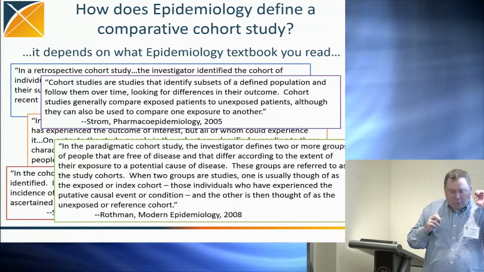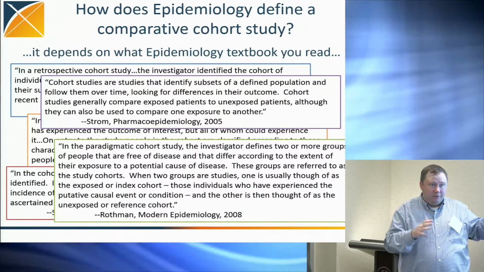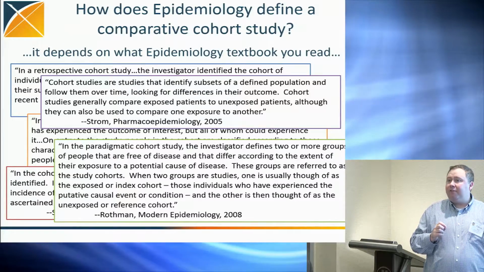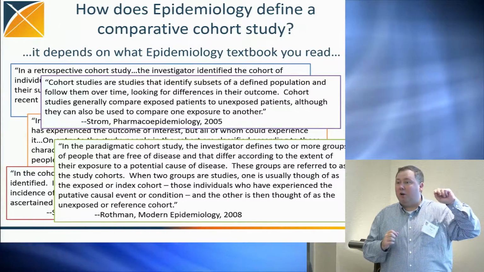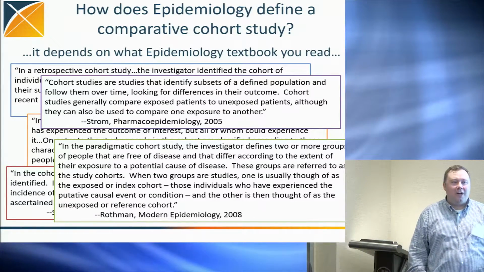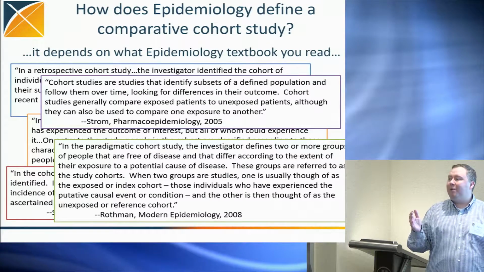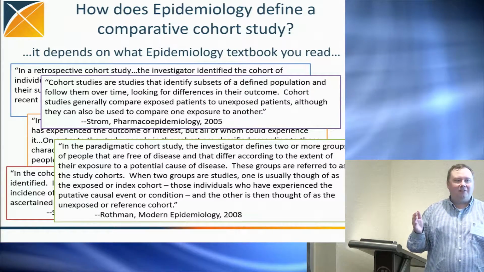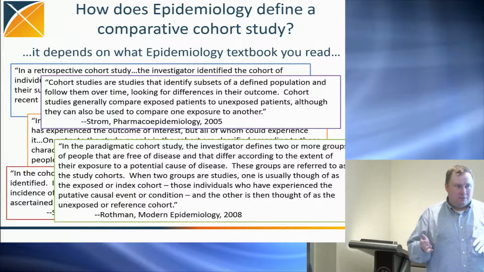So Michael, you pointed out, and it's important, they all kind of are similar. But I want to point out a couple of the key differences in these definitions. Sometimes people think of a comparative cohort study as you define a cohort, so it's one population, and then within the population, you classify the individuals as exposed, unexposed, outcome, not outcome.